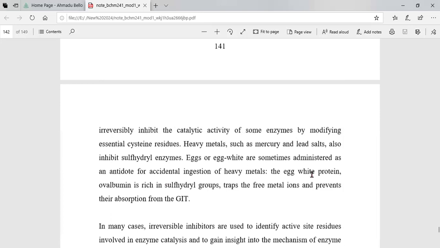The egg white protein albumin is rich in sulfhydryl groups, which trap the free metal ions and prevent their absorption from the gastrointestinal tract.